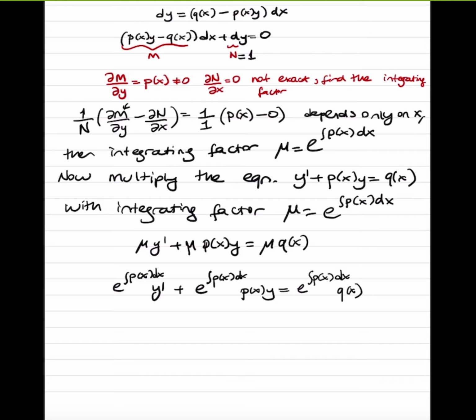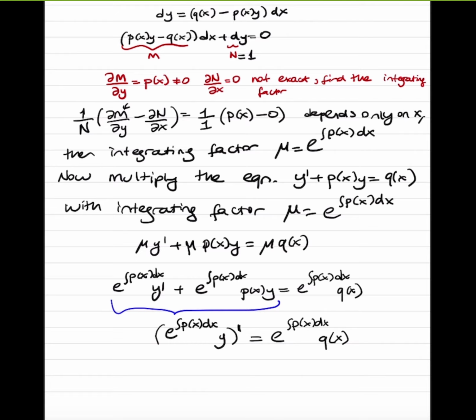If you can realize here, we have a derivative of a product actually. So it is the derivative of this product, and it is equal to e to the power integral of p of x dx times q of x.